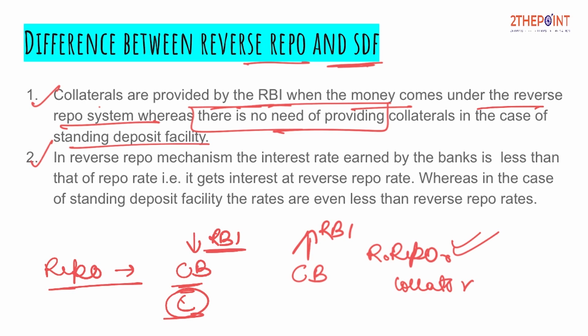The difference with SDF is that, in the same way, when RBI wants to absorb liquidity from the market, it gives interest to the banks depositing money, but without the collateral securities being provided. Also, the interest rate given on SDF is lesser than what is offered on reverse repo.